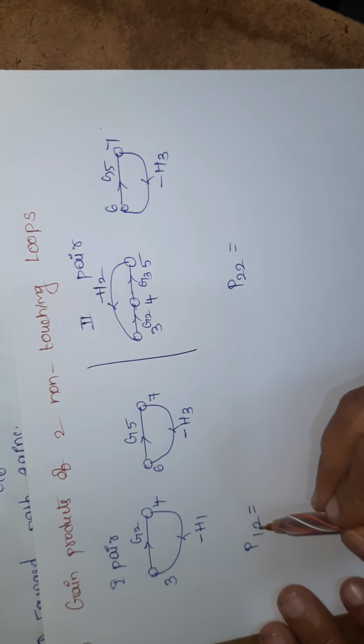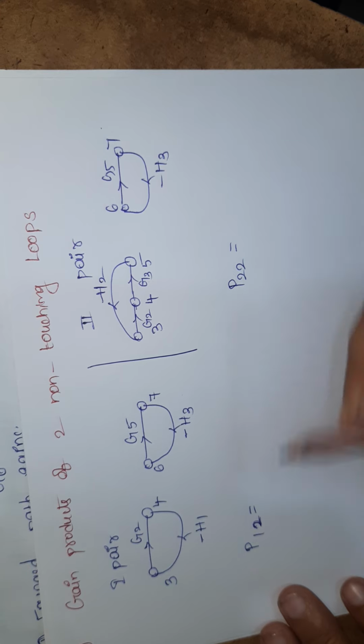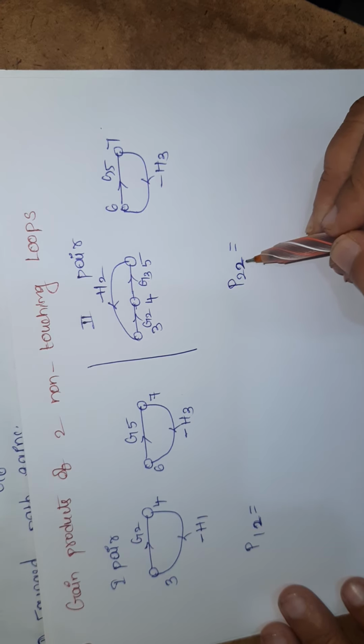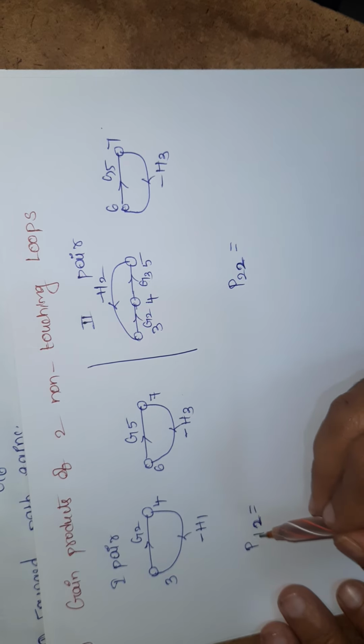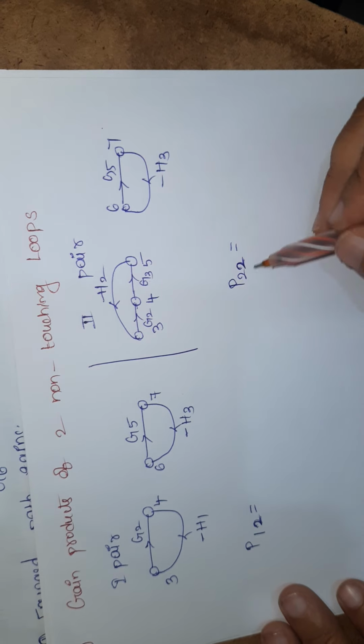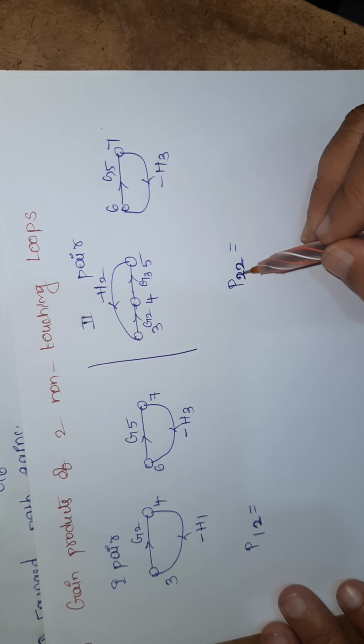So every time I am placing the suffixes at the right side. This is the first pair, that's why I am writing P1, and this is the second pair, I am writing here P2.